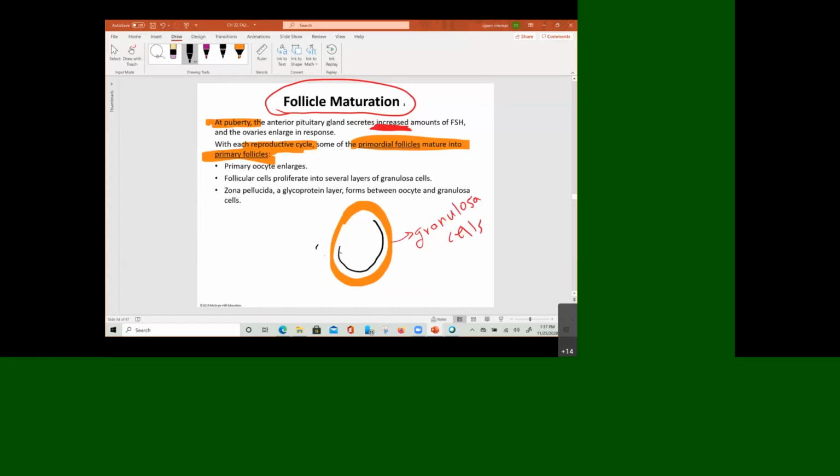The zona pellucida is a glycoprotein layer, and it's actually forming between the oocyte and the granulosa cell.